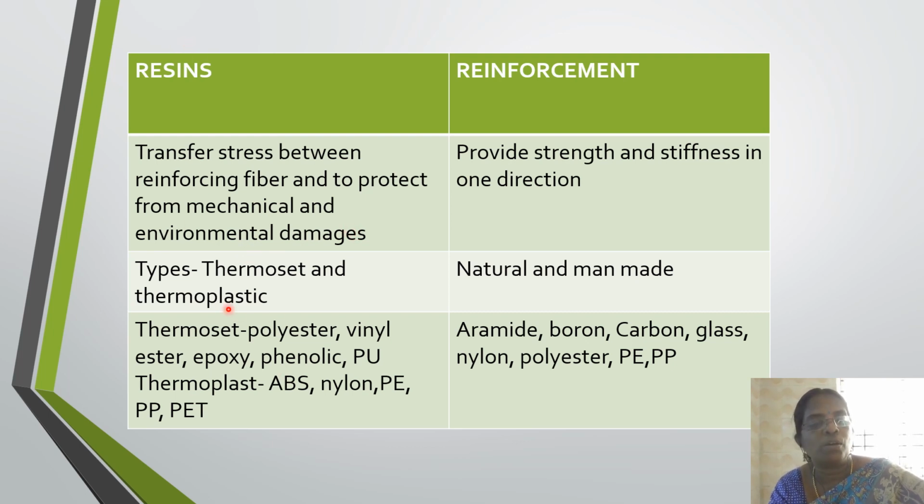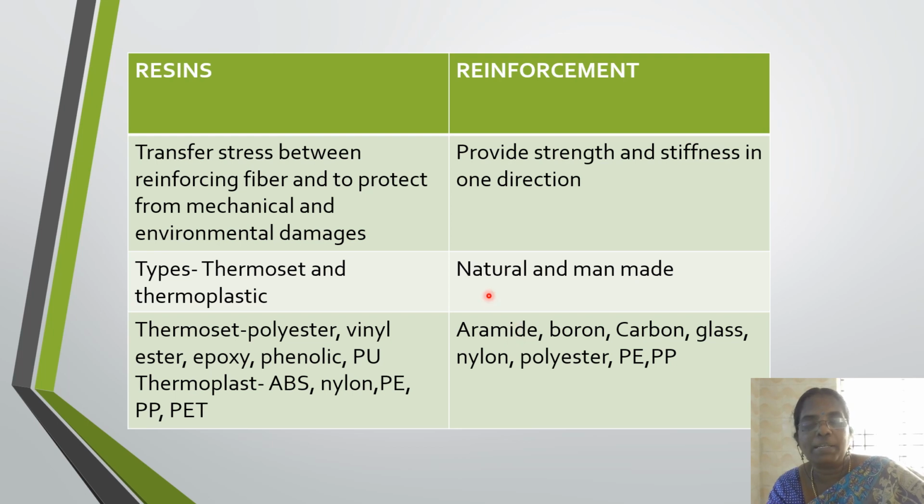So the resin could be of type thermoset and thermoplast. Thermoset examples are polyester, vinyl ester, epoxy, phenolic, PU. Thermoplast examples are ABS, nylon, PE, PP, PET. Reinforcing phase provides strength and stiffness to the material in one direction. If you use particles and viscous, it will be in all directions, and other things in unidirectional.